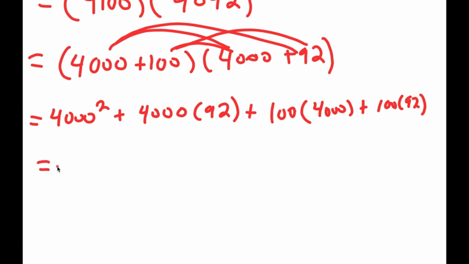Now from here, 4000 squared is going to equal 1,600,000. Or sorry, 16 million. Plus 4000 times 92 is going to be 368,000. Plus 100 times 4000 is going to be 400,000.